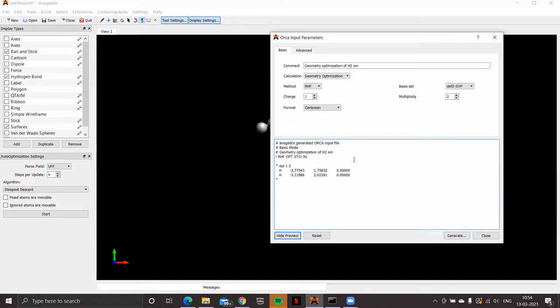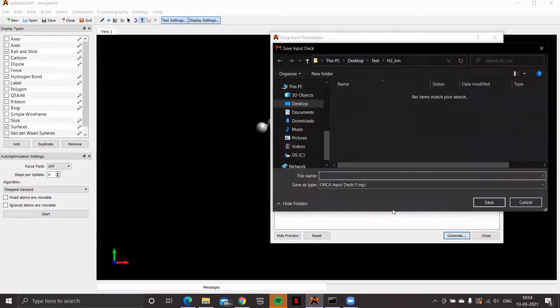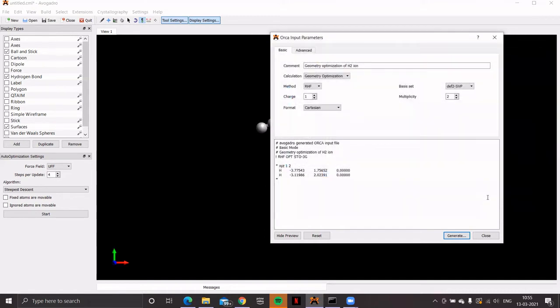It has an unpaired electron. And then generate. And let me save this in one of the folders which I have created on my desktop. And let me name this as H2 dash ion. And let's save that in the desired folder. Let me close this.